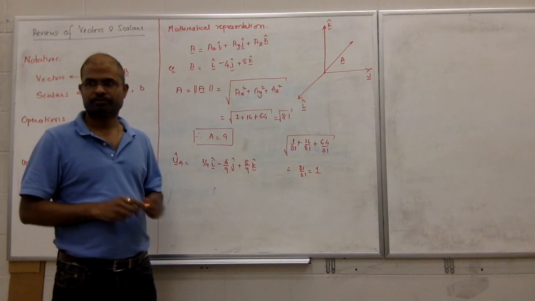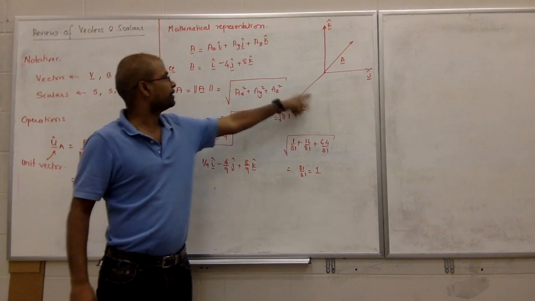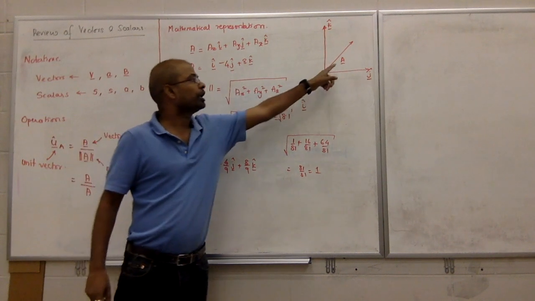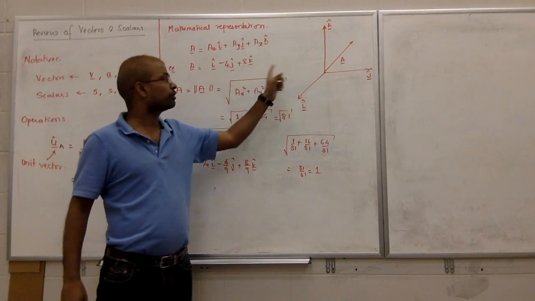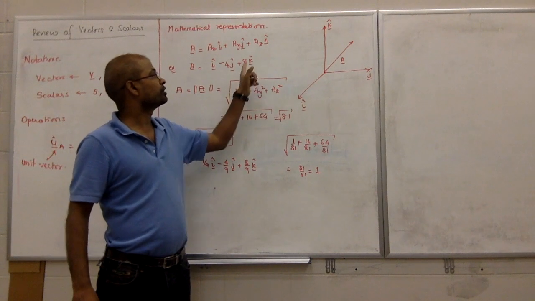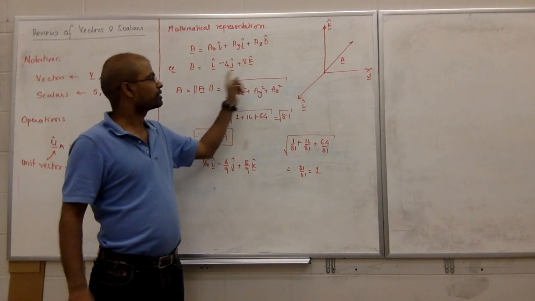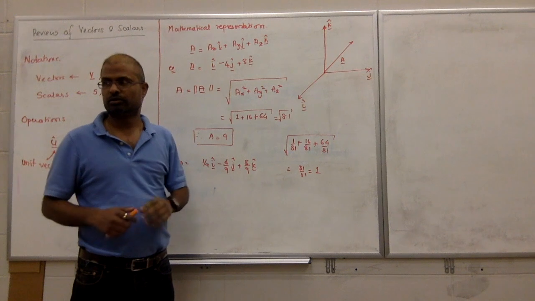Does that make sense? The component of A in the I direction is 1. Got it? The component of A in J direction is minus 4. The component in the K direction is 8. So this is how the vector is split.